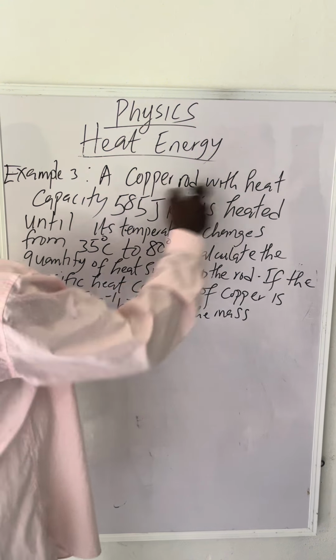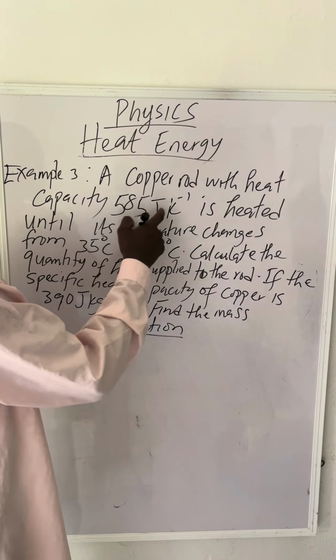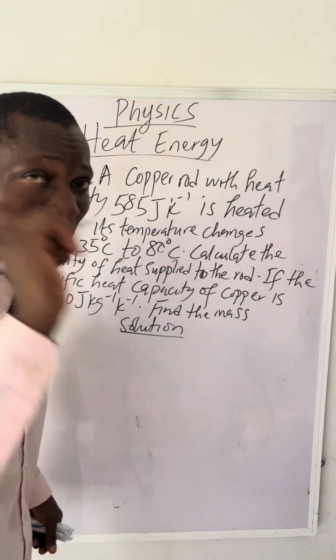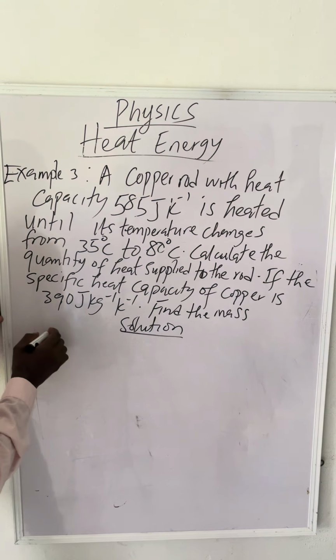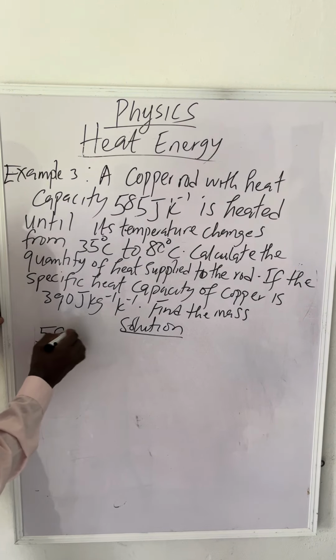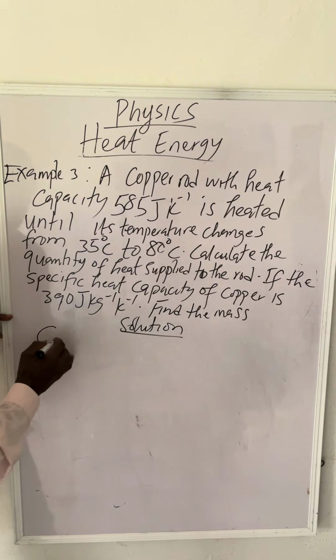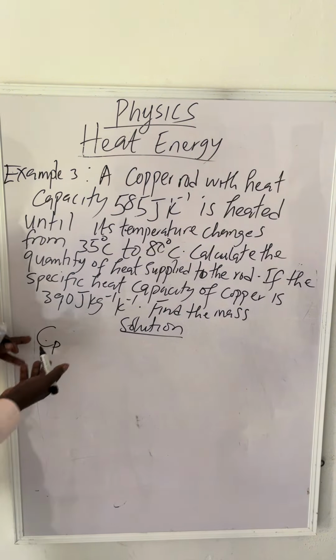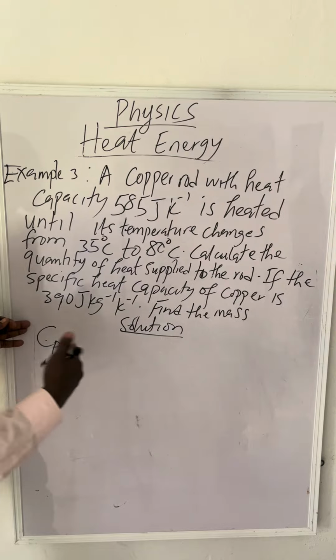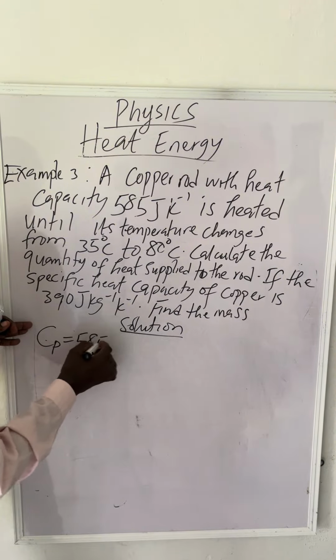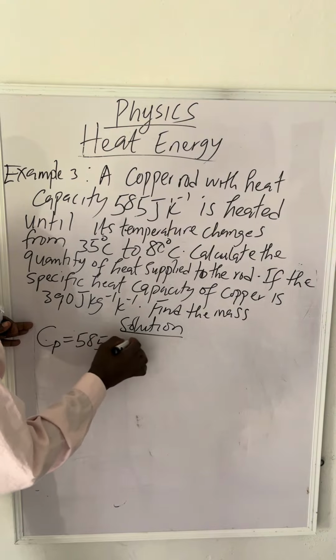Here, a copper rod with its capacity 585 joule per Kelvin. Remember, this is not specific heat capacity. This is heat capacity. So I'm going to say my heat capacity, which is Cp, C subscript P, the symbol for heat capacity or thermal capacity, is equal to 585 joule per Kelvin.